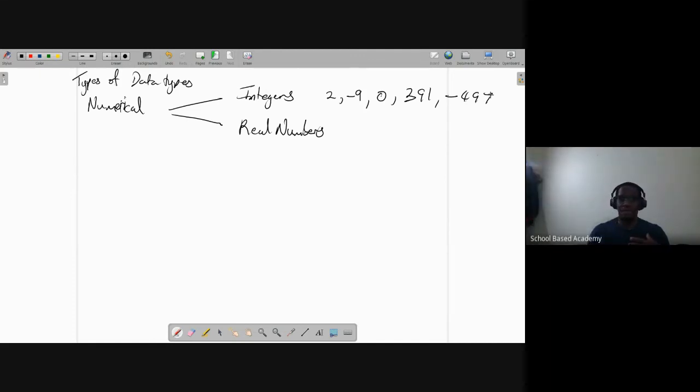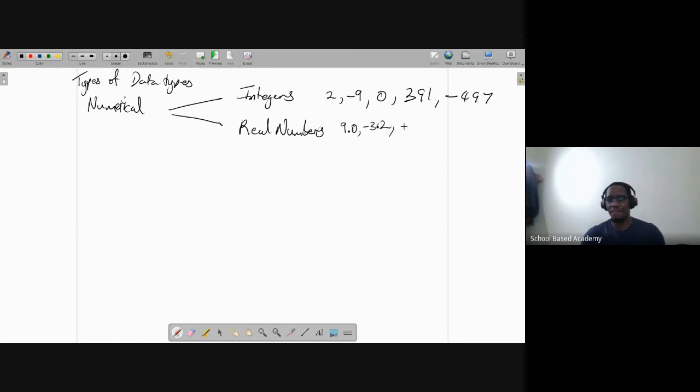And then we have real numbers. And real numbers are like floating point numbers. Real numbers are the kind of numbers you see in finance and statistics. So for real numbers, you could have 9, you could have 9.0. You could have -3.2, 3.2.